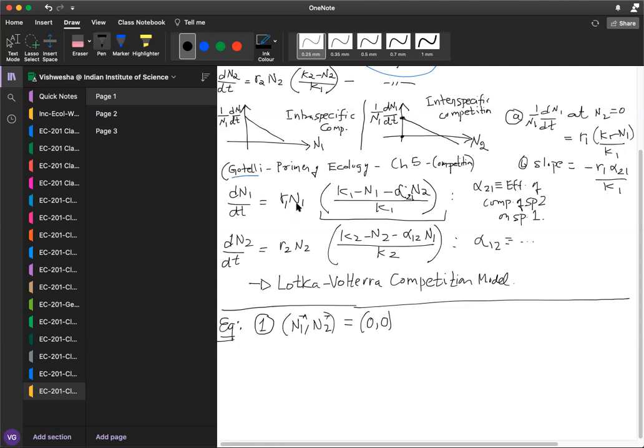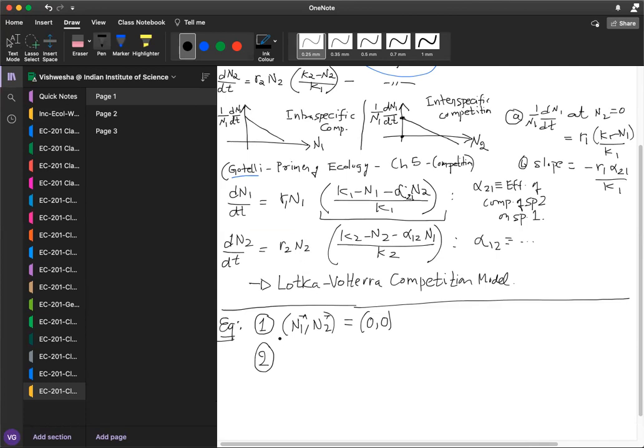If I set n1 to 0, this entire right-hand side equation becomes 0. If I set n2 to 0, the growth rate of population 2 also becomes 0. So one way to achieve both populations' growth rates being 0 is to set both n1 and n2 to 0. That means there are no species, which is obviously what we call a trivial solution. Okay, that's one equilibrium.